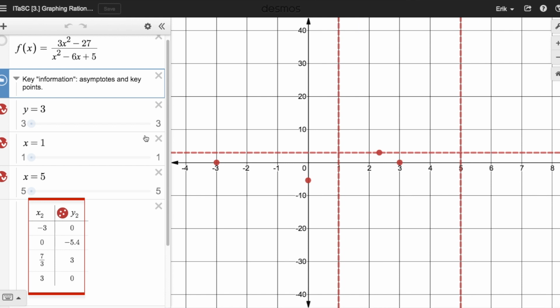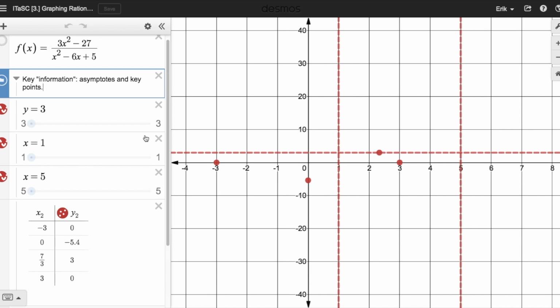Those were the x-intercepts. For the y-intercept, we found that if x was 0, y was negative 5.4. And then we also found a point where the function crosses the horizontal asymptote. That was at 3. We found the x-coordinate needed to be 7/3. You can see all 4 of those points in the graph over on the right.